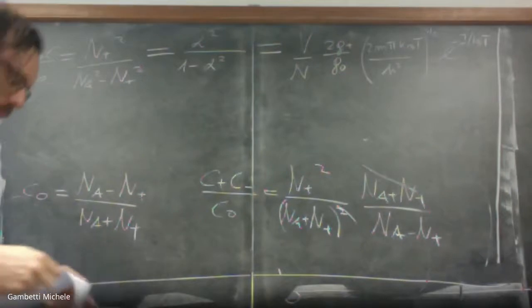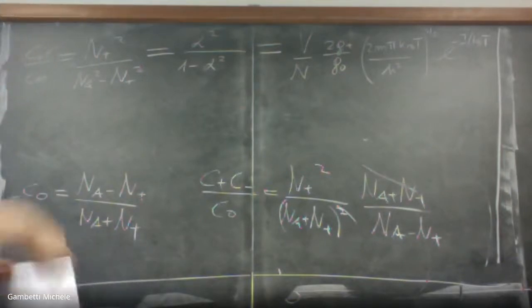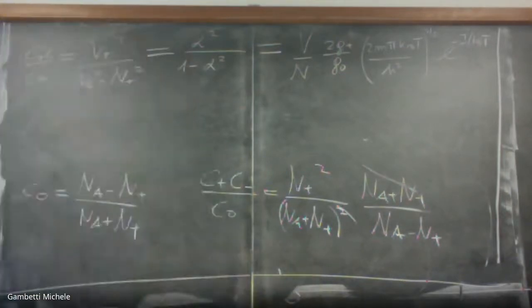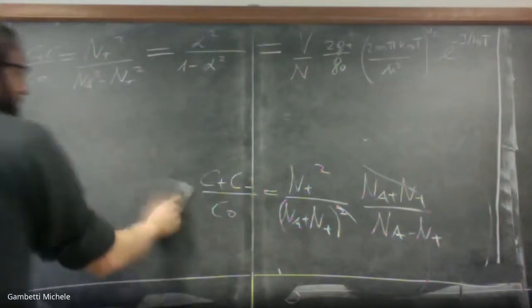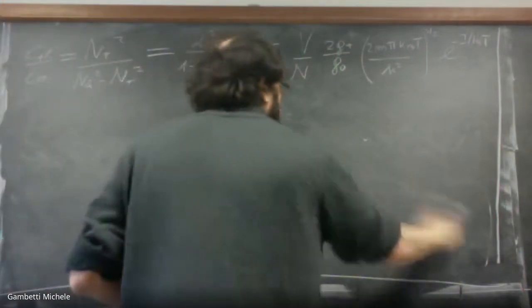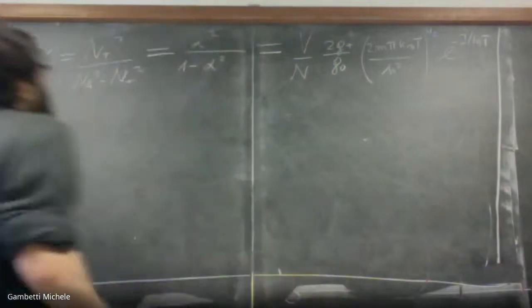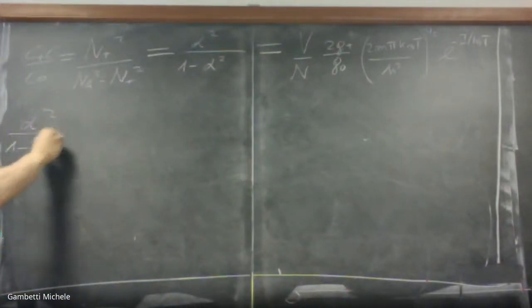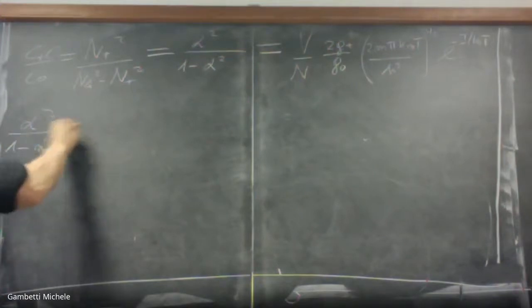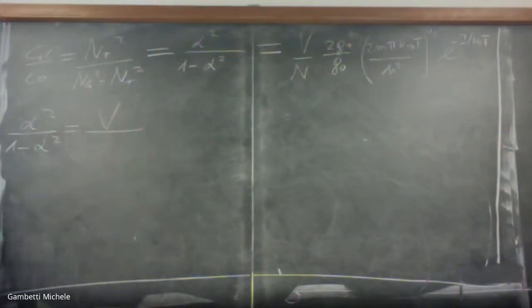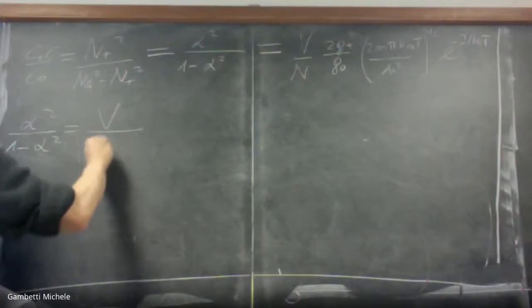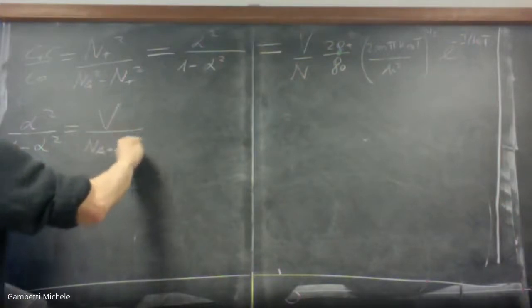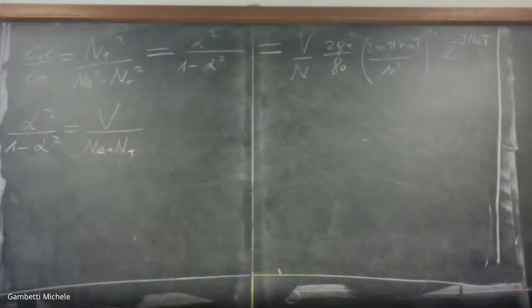Okay, so this can be rewritten in a slightly different way. So I have alpha squared divided by 1 minus alpha squared, then I have V. Now n is the sum of N_A plus and plus.